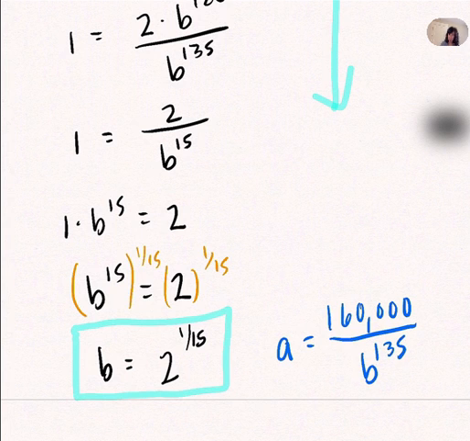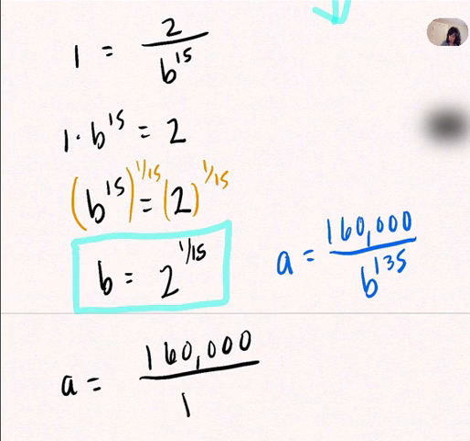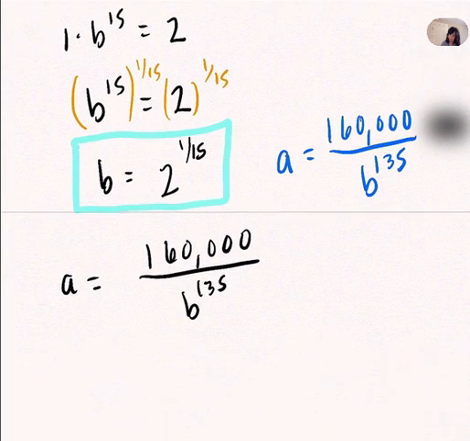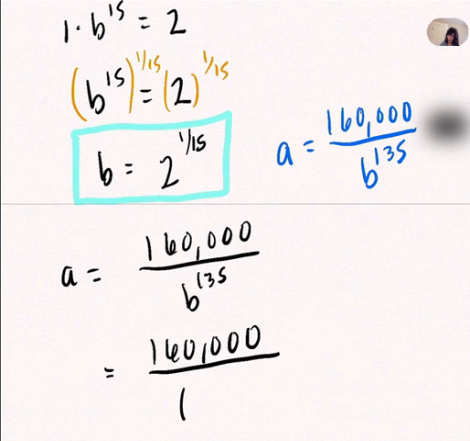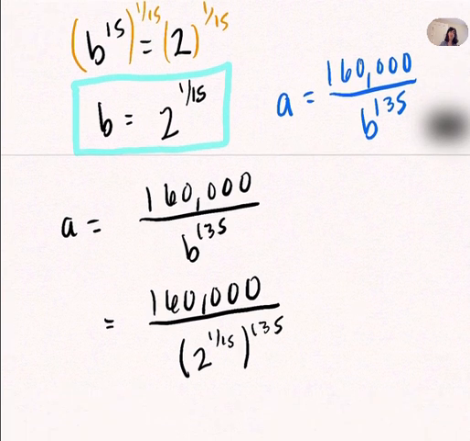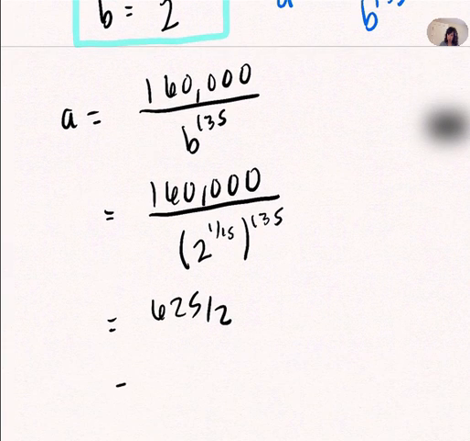So if I stick my b into this equation, in other words, if I stick 2 to the 1 over 15 in there, and then simplify and type this into a calculator, we're going to find that a is equal to 625 over 2, or 312.5.